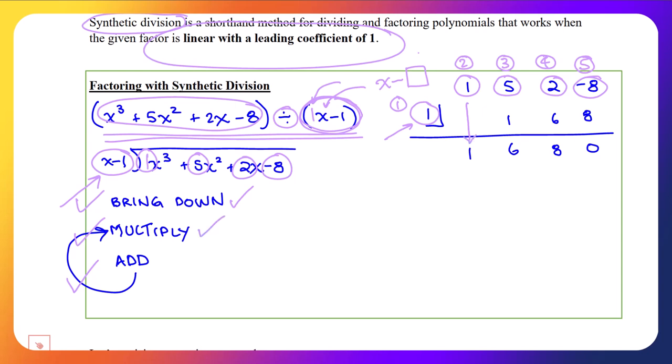Then we multiply. So we bring the 1 down, that's step 6. Then we multiply 1 times 1, and we get 1. So that's step 7, that's the multiply step. And then we add the 5 and the 1, and we get 6, and that's the 8th step.